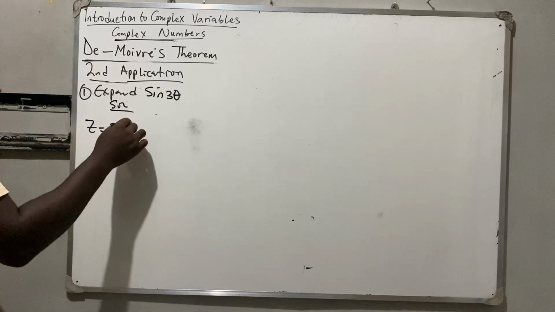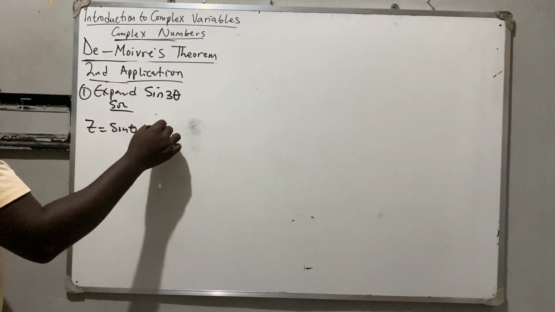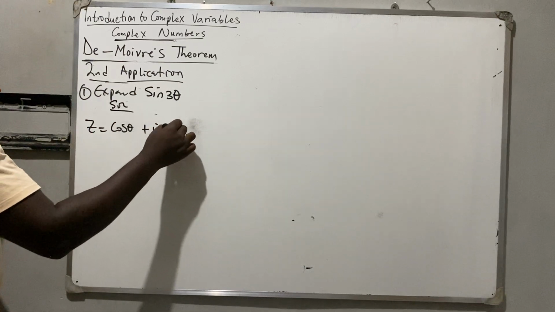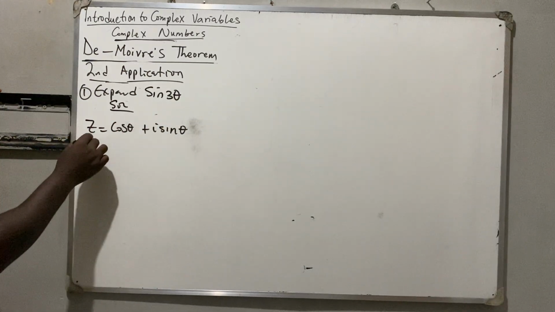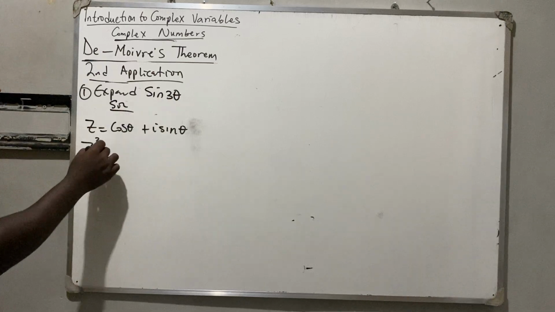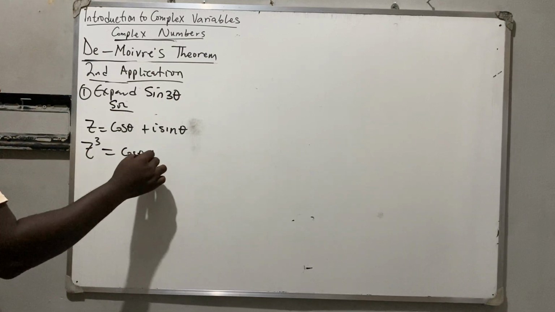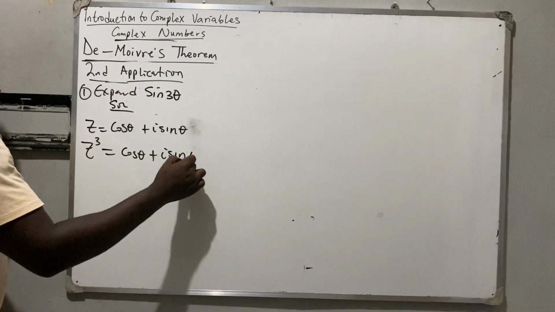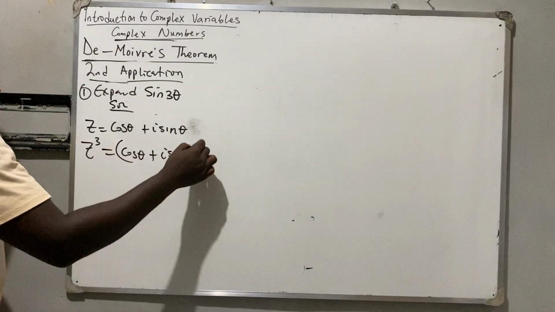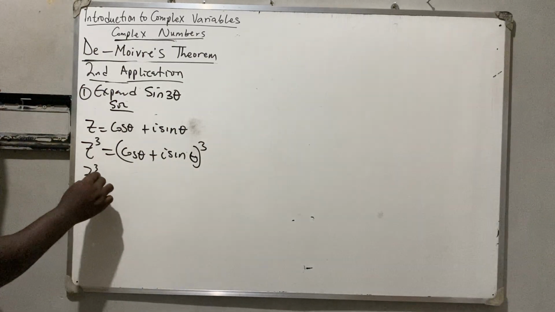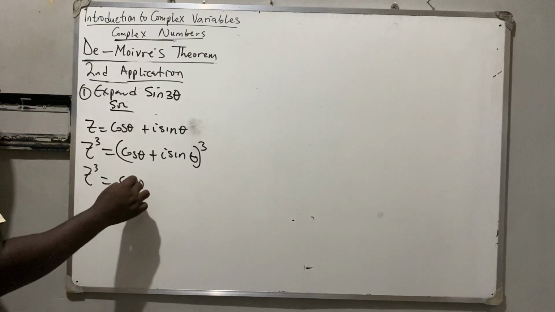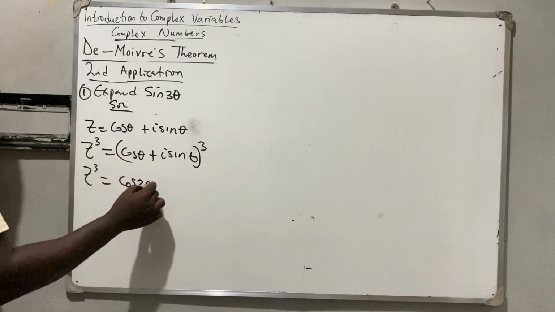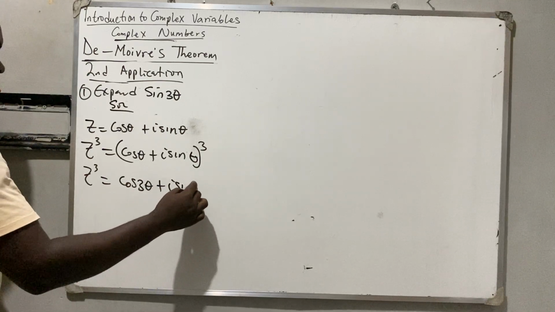Then z raised to power 3, because we have 3 here, will be cos theta plus I sine theta raised to power 3, which is cos 3 theta plus I sine 3 theta.